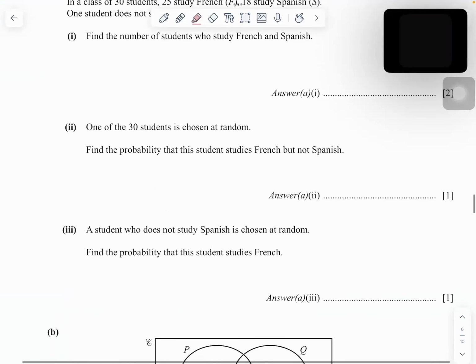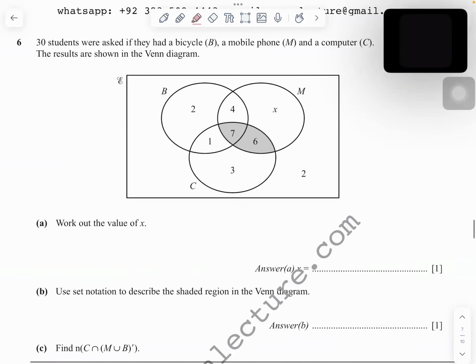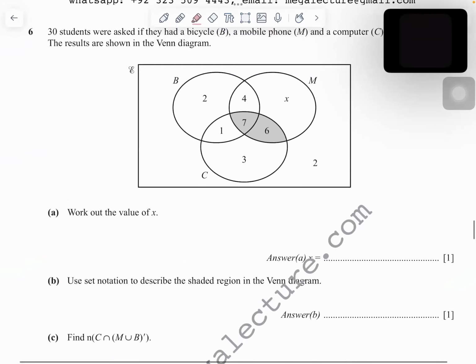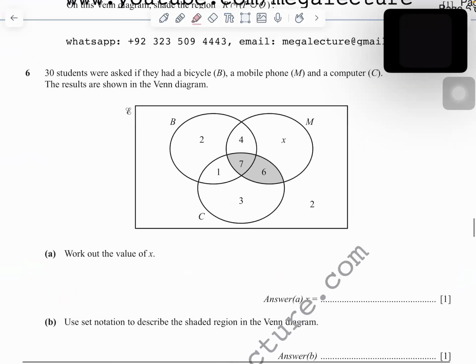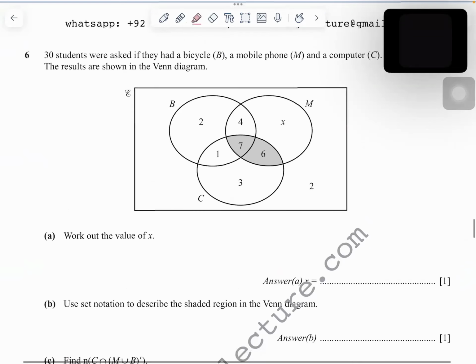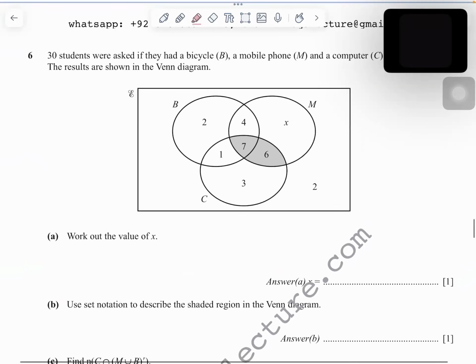Okay, these are simple questions. Let me see. The intersection part, that's shaded. Now, if they ask me what is this, like is it A intersection B not union something like that?